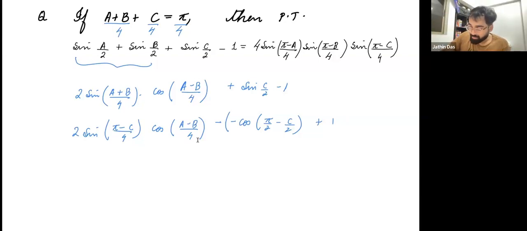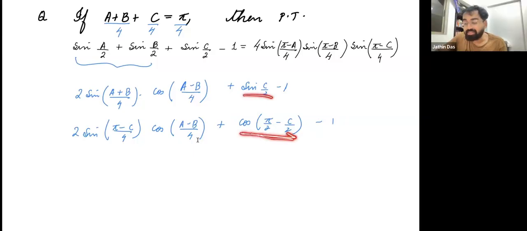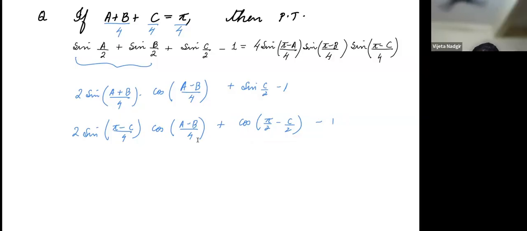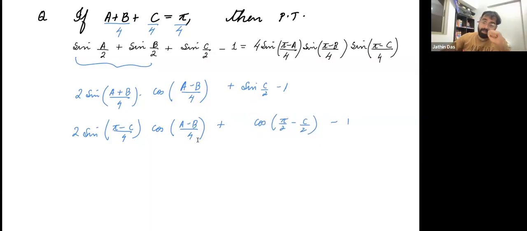Yeah, but how did you take cos as that pi by 2 minus C by 2? What is cos 90 minus theta? Sin theta. So मैंने उल्टा सोचा. Instead of writing sin C by 2, I wrote it as cos 90 minus theta. Okay? And to apply that formula, it should be in the form 1 minus cos theta.